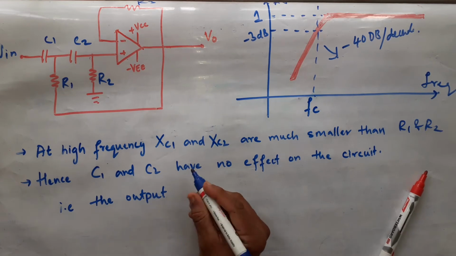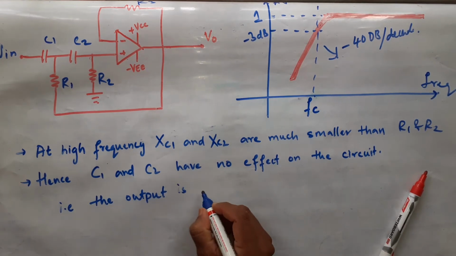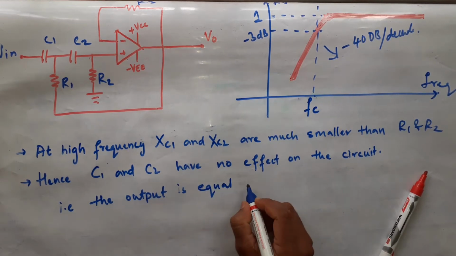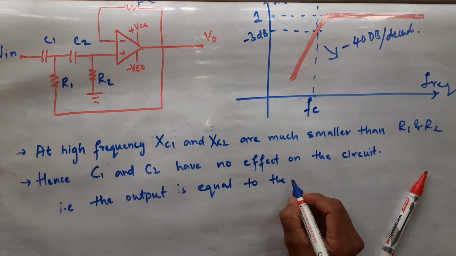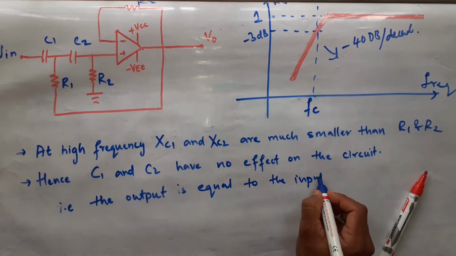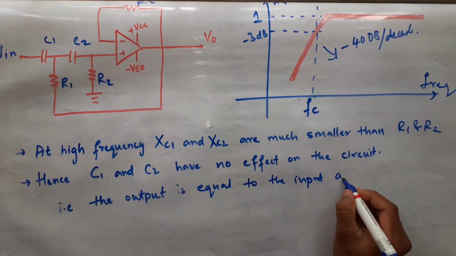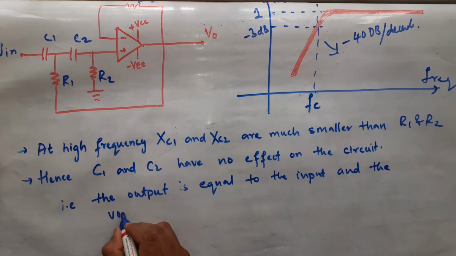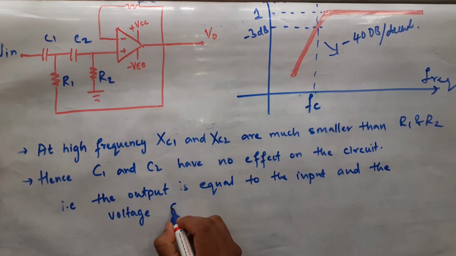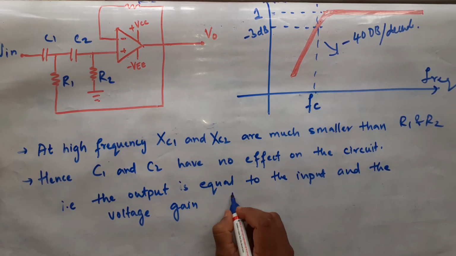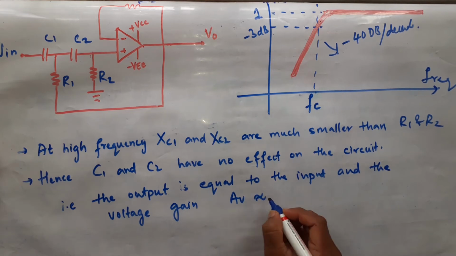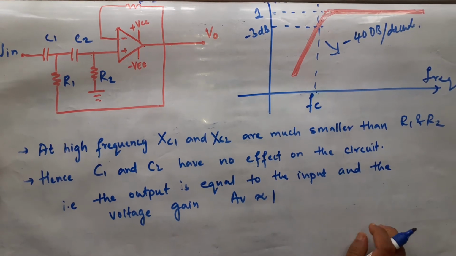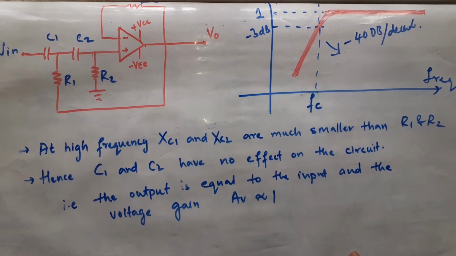Hence we can write the output is equal to the input and the voltage gain AV is approximately equal to 1.